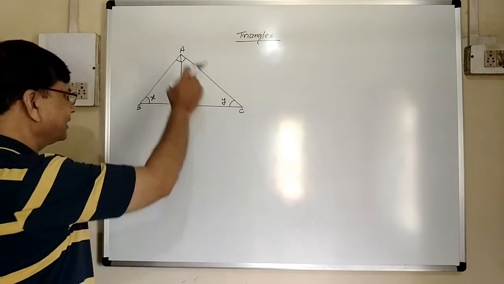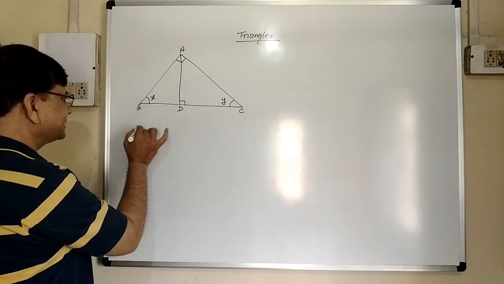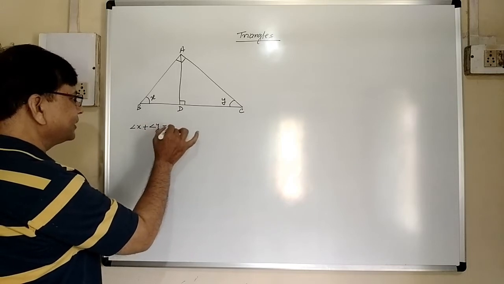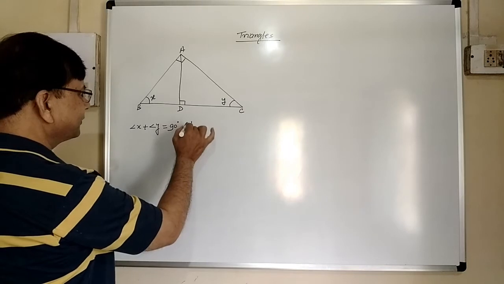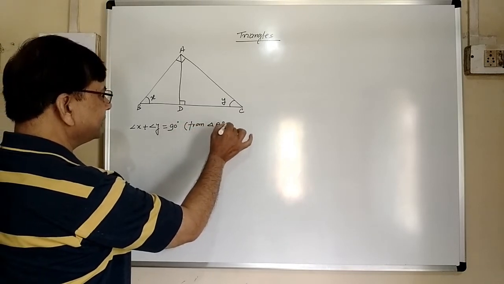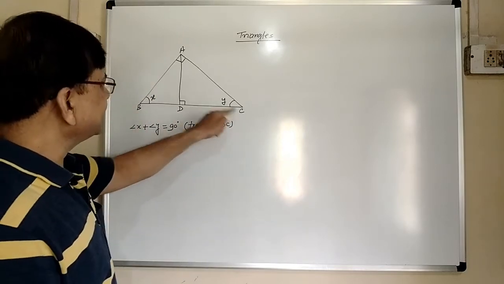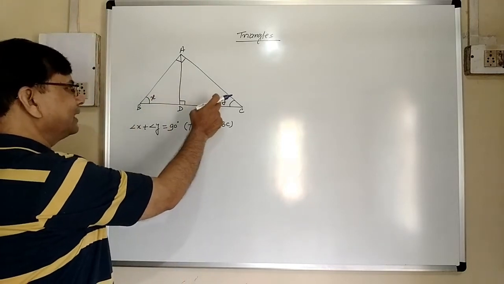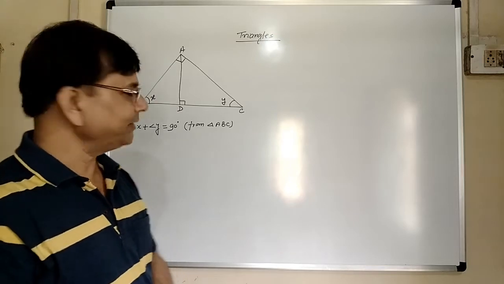From triangle ABC, this is already 90 degree, this is X and this is Y. The sum of these two must be 90 degree, isn't it?